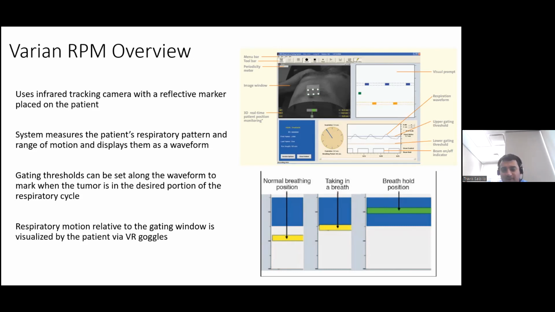And it means that they don't have to have a breath hold, but the treatments take longer because now you're only gating whenever the respiratory phase is in the right area. But it makes it technically a little easier because you don't have to coach the patient into holding their breath at the exact same spot every single time. We don't do that here. We either treat under free breathing without gating, or we treat breath hold gated. Those are the two that we do here at MD Anderson.